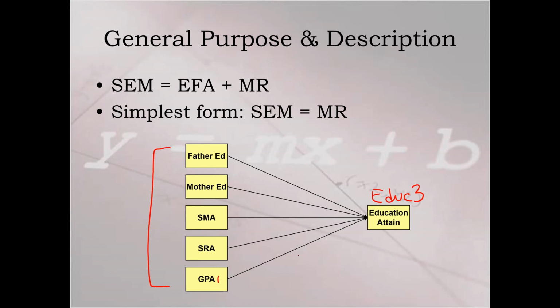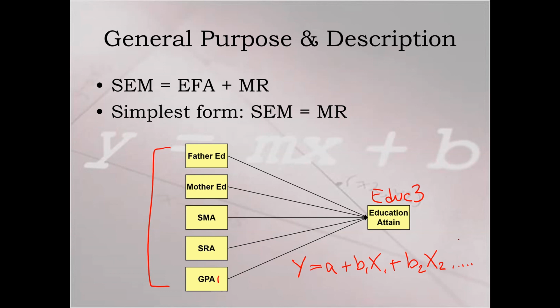Okay. So all regression equations look like Y is some intercept plus some b weight times some X variable, plus some b weight times some other X variable, and so on and so forth.